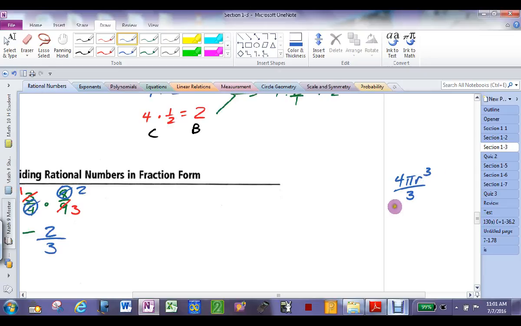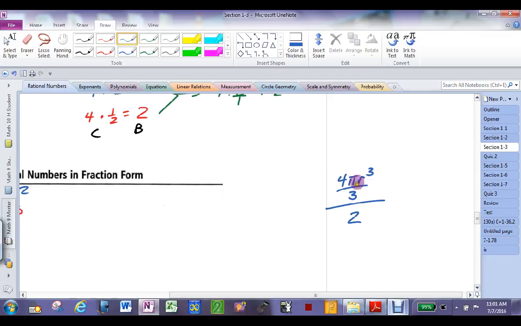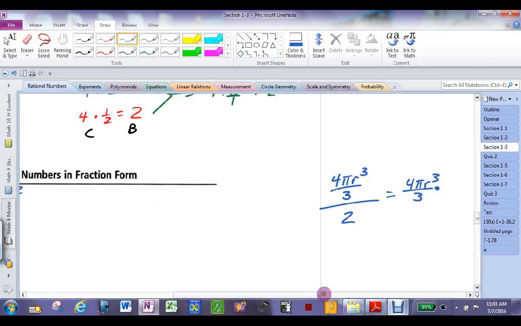And then you're going to have to divide that by 2. That looks awful, doesn't it? But you guys now know that isn't divided by 2 the same as times a half? So wouldn't this be 4 pi r cubed over 3 times 1 over 2?